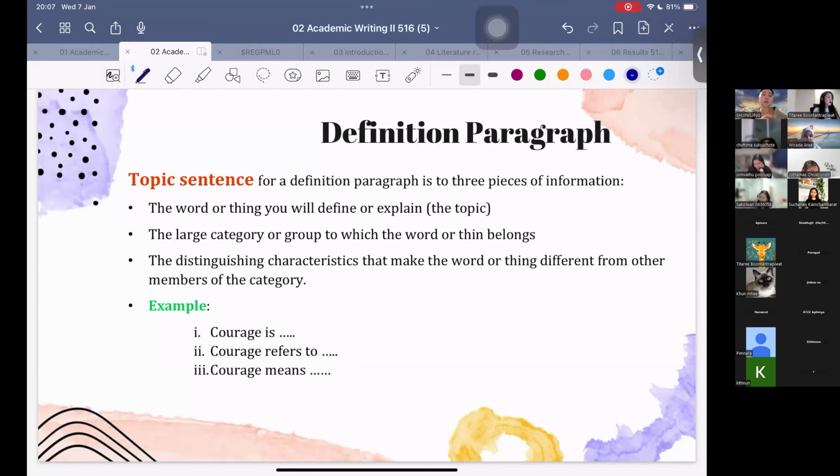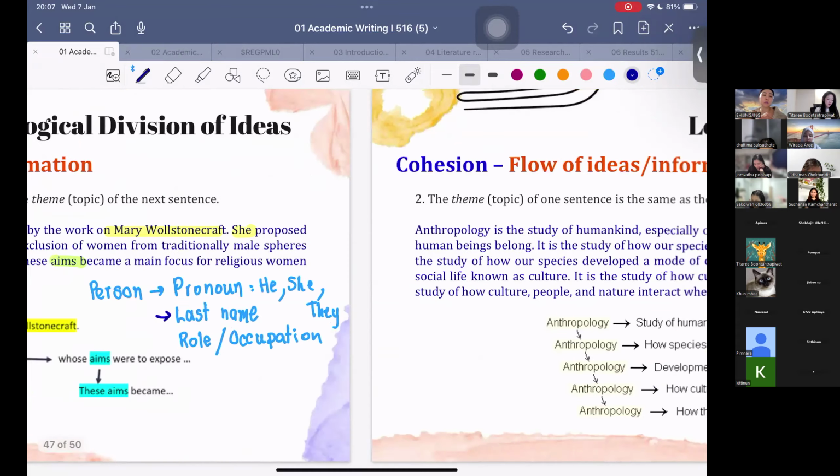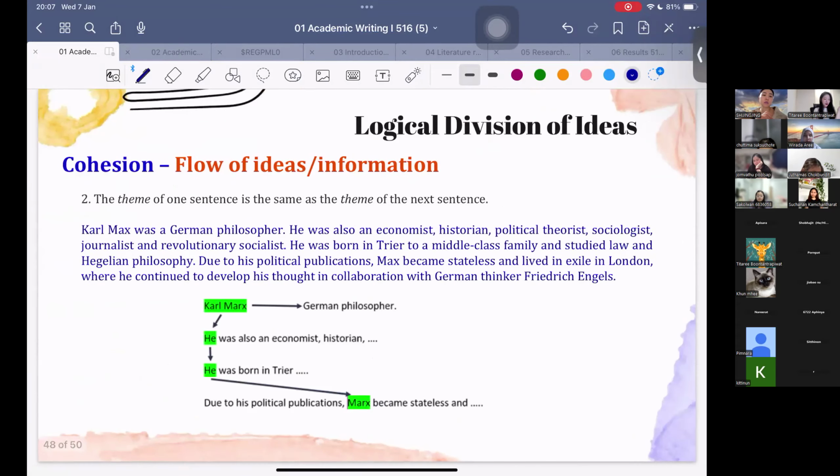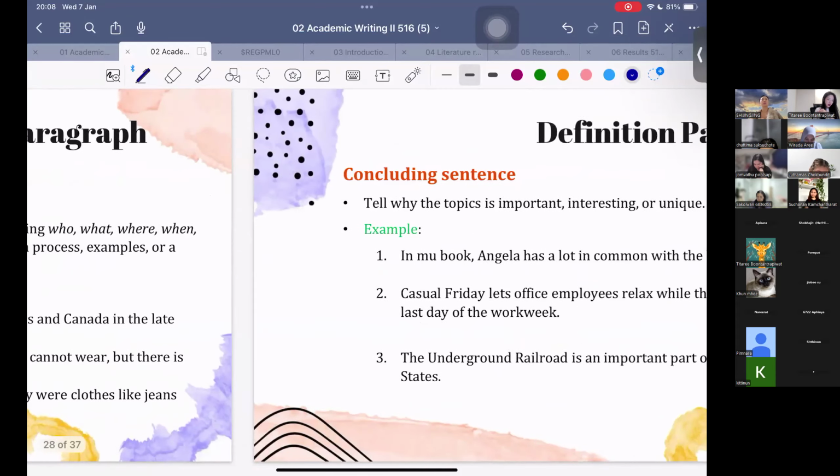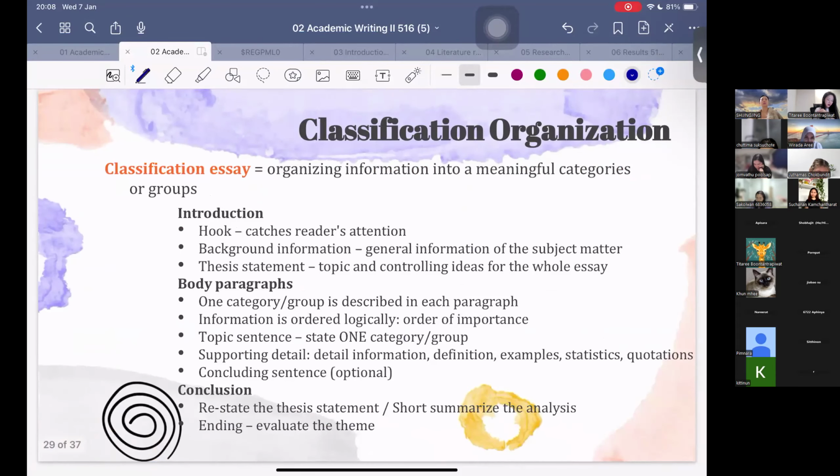In your thesis or in your research writing, at some point you need to provide a definition of something. So clearly, when you provide a definition of something, you pick one theme and explain that, right? So explain this and that, that's how it goes. That's how it's gonna be.